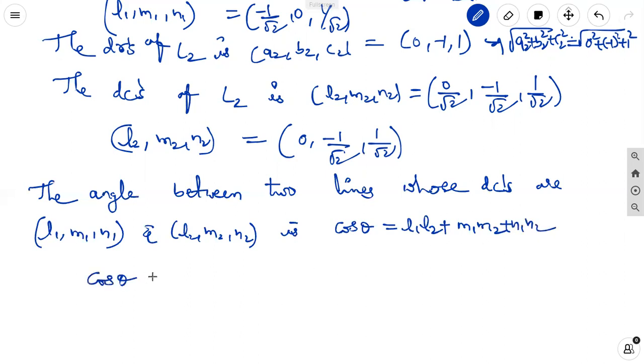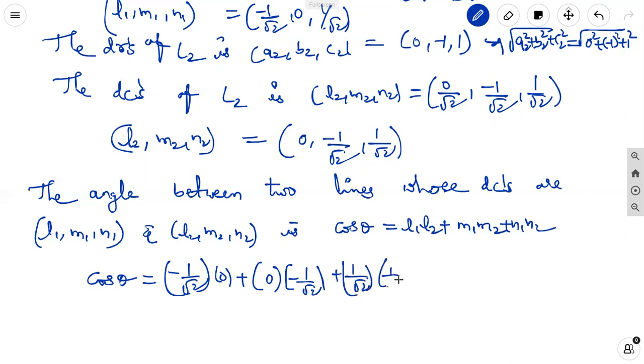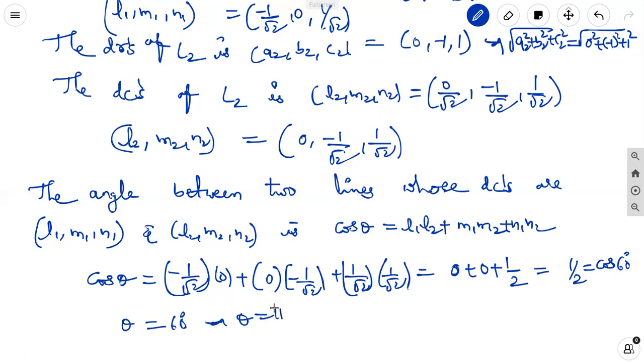So cos theta equal to minus 1 by root 2 into 0 plus 0 into minus 1 by root 2 plus 1 by root 2 into 1 by root 2. It's 0 plus 0 plus 1 by root 2 into root 2, that is 1 by 2. 1 by 2 means cos 60 degrees. So theta equal to 60 degrees or theta equal to pi by 3. It is the solution.